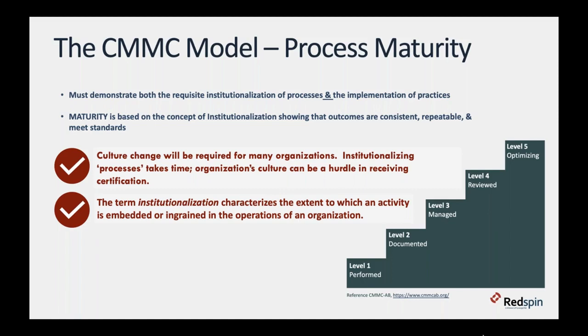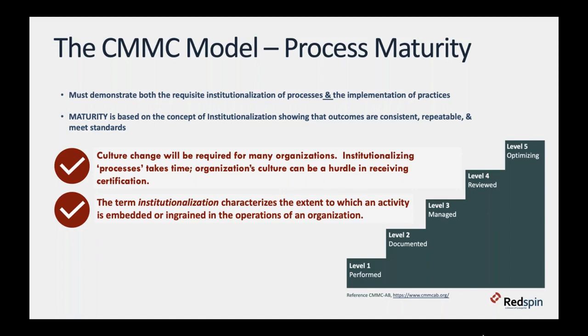So basically the concept of maturity is based on meeting the requisite implementation of practices and processes for a particular maturity level. The intent here is to measure the institutionalization of the practices and processes. So basically what an assessor will do is come in and look at the maturity level of your cybersecurity program.